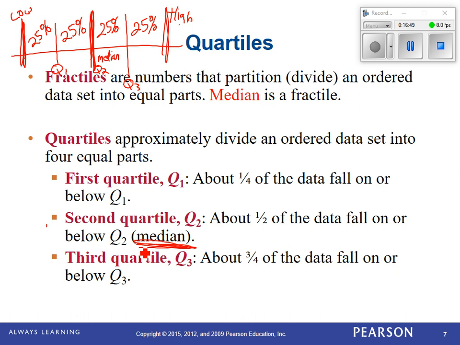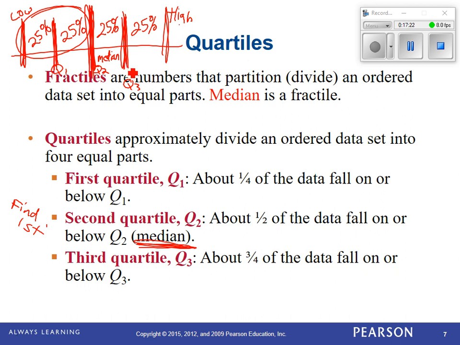Nothing hard about finding quartiles, nothing hard about splitting it up. You just look at the data, and you're going to find the median first. So you might want to write that down. Then once you have the data split up into 50% on one side and 50% on the other side, you find the median of this side, and that's where quartile 1 is. Then you find the median of this side, and that's where quartile 3 is.